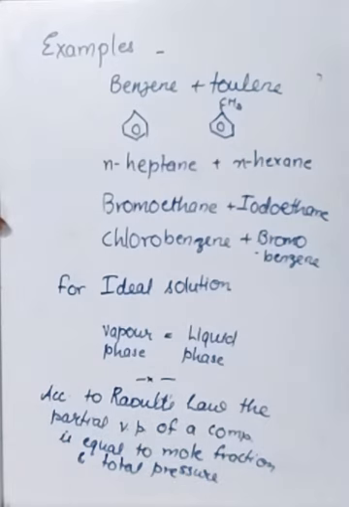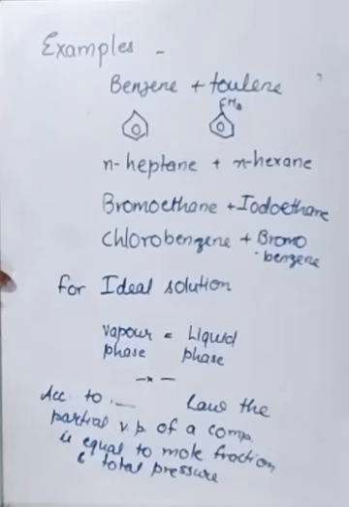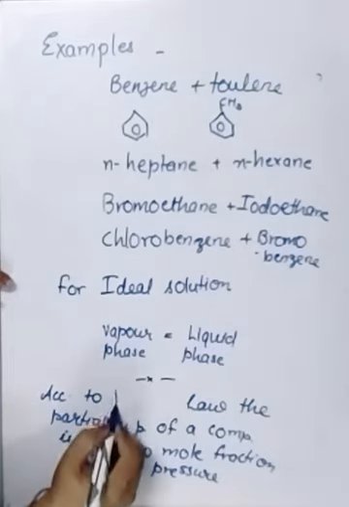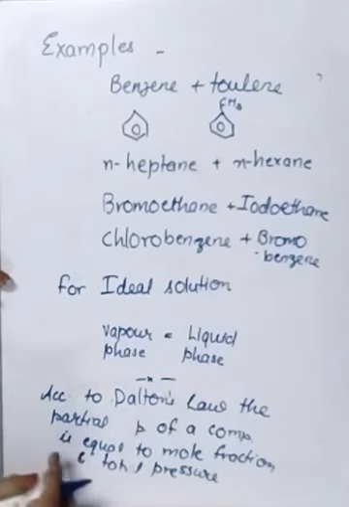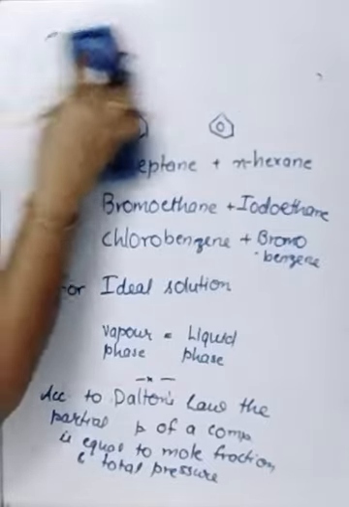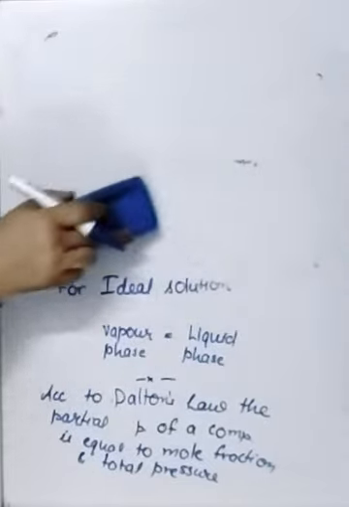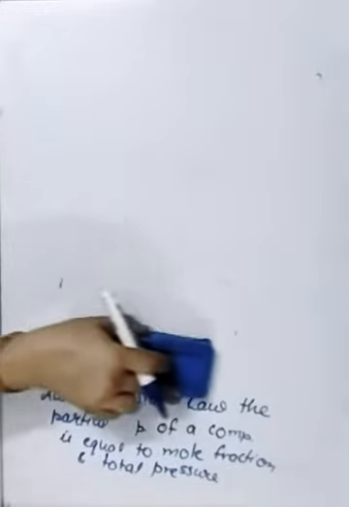According to Dalton's law, not Raoult's law, the partial pressure of a component is equal to its mole fraction times the total pressure. Let's see how. So in vapor phase, Raoult's law will also be a little bit different.